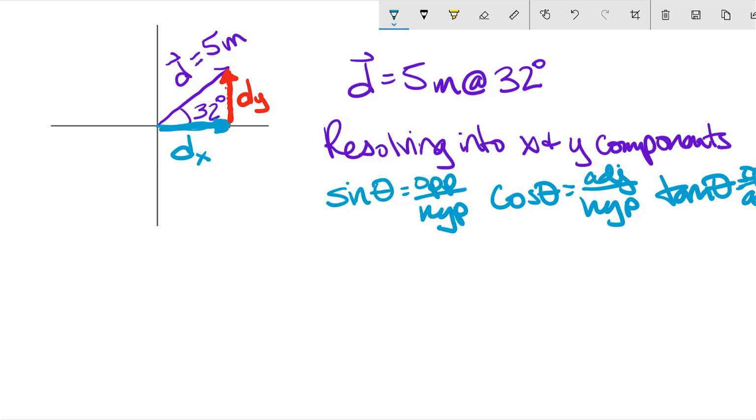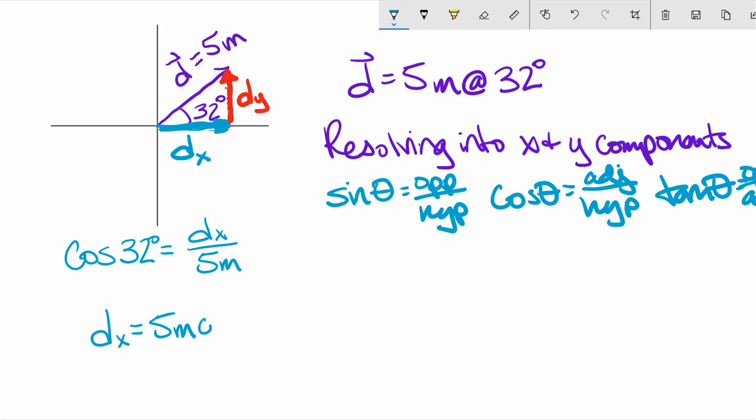Okay, so which one are we going to use for dx? That's the adjacent side. We know the hypotenuse. So we can say that cosine of 32 degrees is equal to dx over 5 meters. So we can solve that: component dx is equal to 5 meters times cos of 32 degrees.